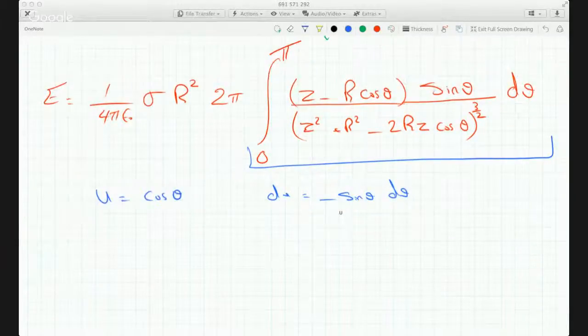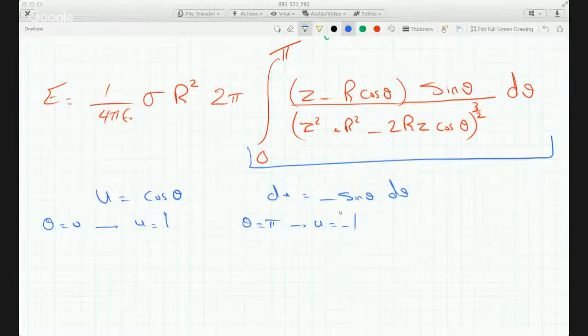Now let's change the bounds. If theta is 0, u is 1, and if theta is pi, u is minus 1. So then we go from minus 1 to 1 on the integral.